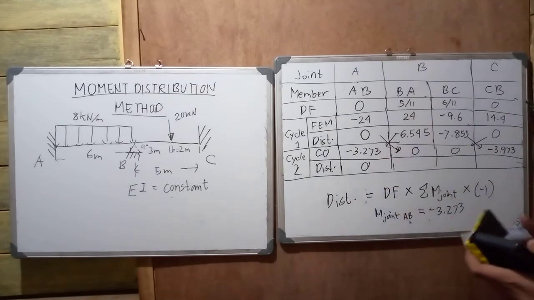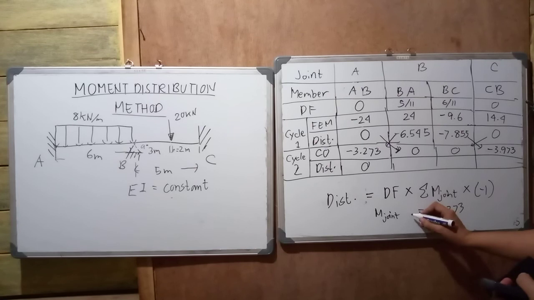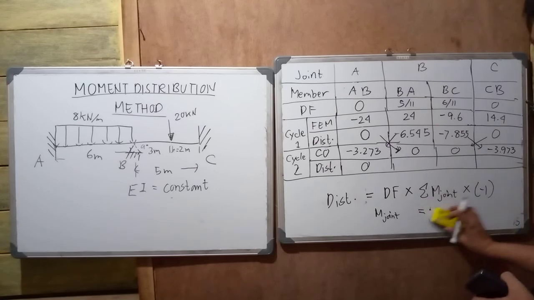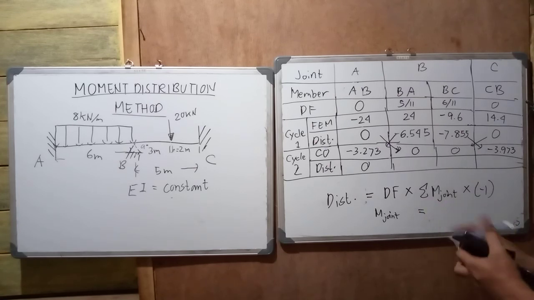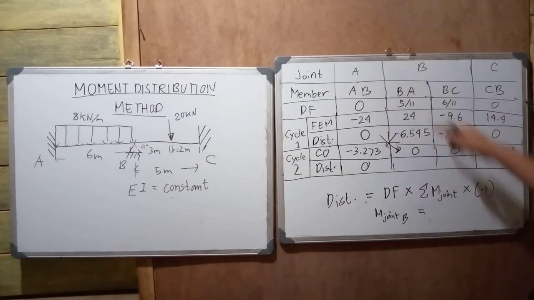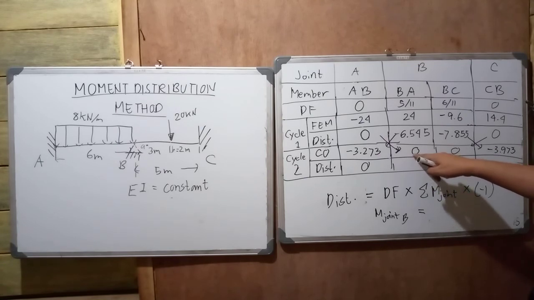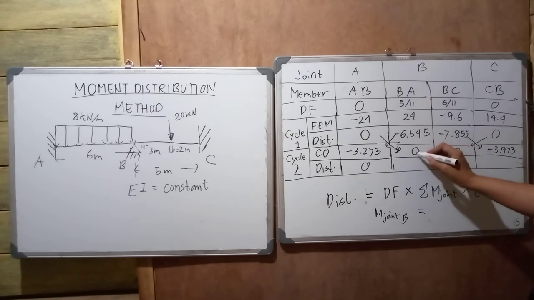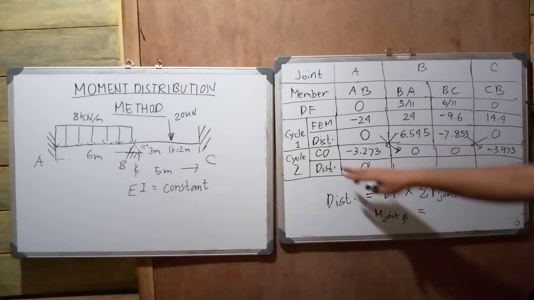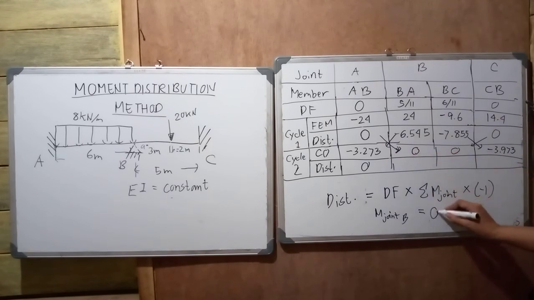Okay? So, what about kay B. Okay? So, kay B naman, i-add mo lang to si carry over moment. Okay? Ito yung tinitingnan natin, no? I-carry over. Okay? So, 0 plus 0 equals 0.